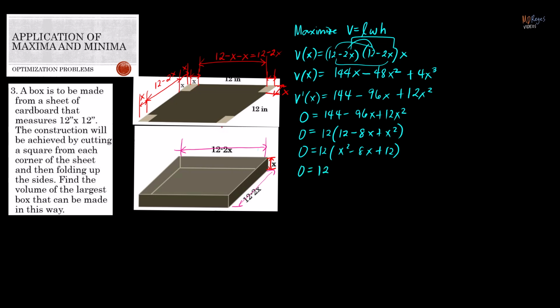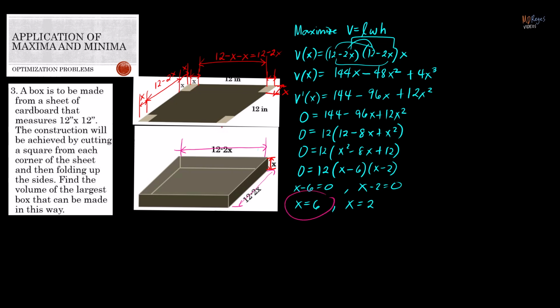Factoring x squared minus 8x plus 12, we'll have the factors x minus 6 and x minus 2. Now equating x minus 6 to 0 and also x minus 2 to 0, we get two values for x. One is x equals 6 and the other one is x equals 2.